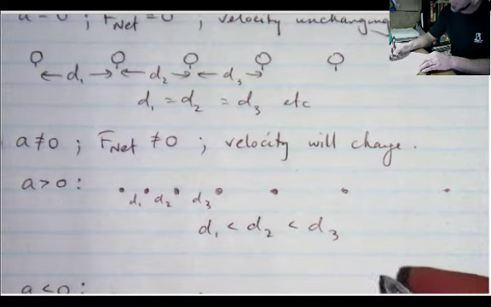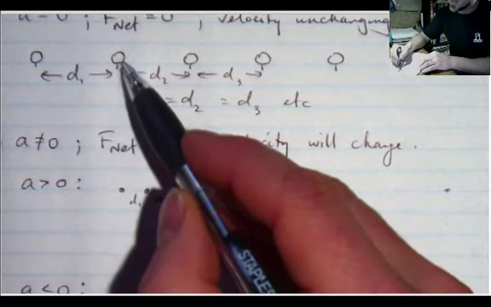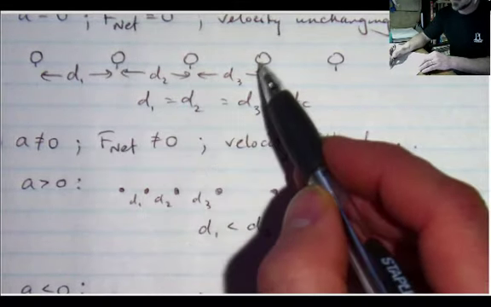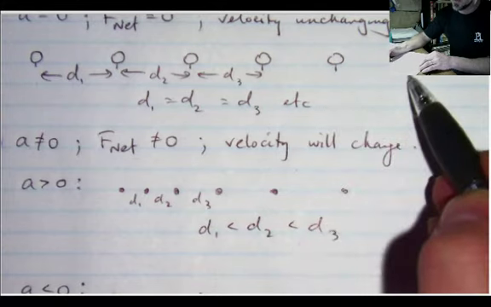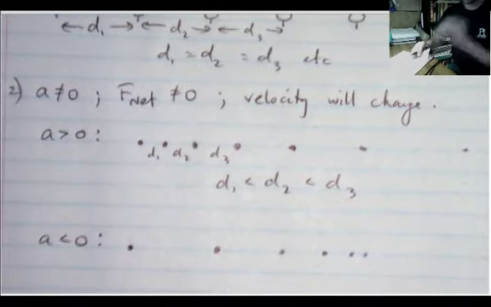For example, if I was to take a picture of a football flying through the air, and all I did is look at the horizontal nature of that football, I would find that the distance traveled in equal intervals of time on the x-axis is equal. So let's just look at what that would look like if I was to draw that.